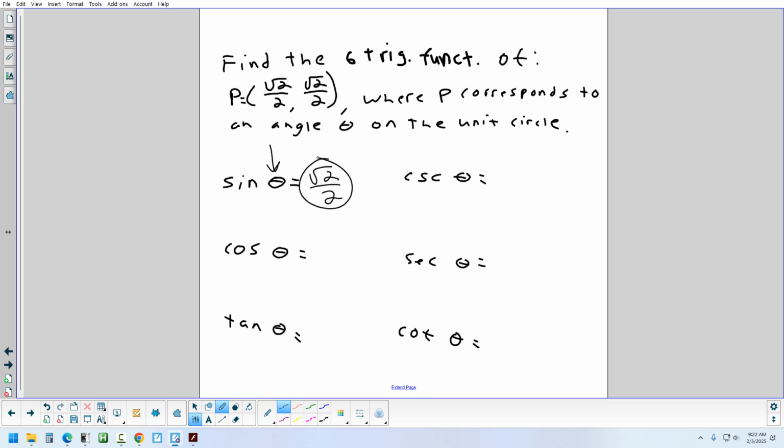All right. How about let's do cosine. Jad, what's my cosine going to be? Well, what's the definition of cosine? All right, Lewis, can you help him out? What's the definition of cosine? Okay, so cosine is 1 over x.